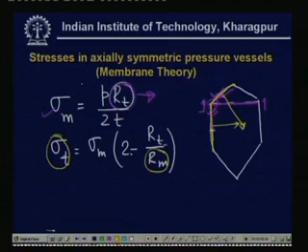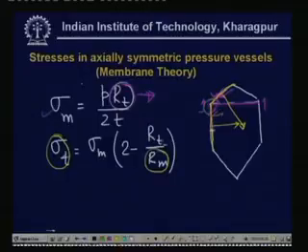So, in case of such cylinders, sigma m will be continuous, whereas there will be a sharp change in sigma t. So, therefore, when there is a sharp change in sigma t, there will be stress concentrations. What is important is that in this zone where the geometry changes, sigma t will have a sharp change and will have stress concentrations in the circumferential directions.